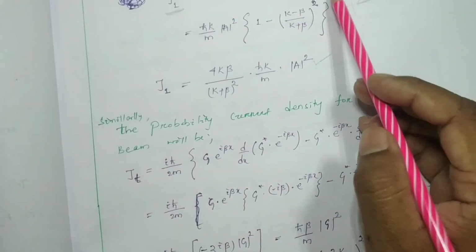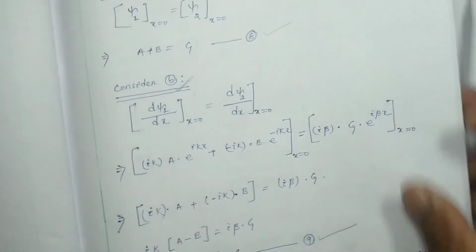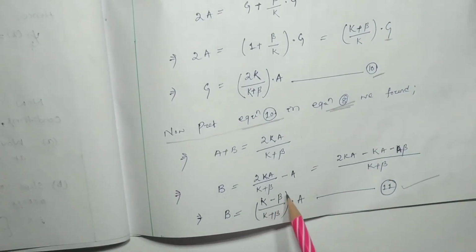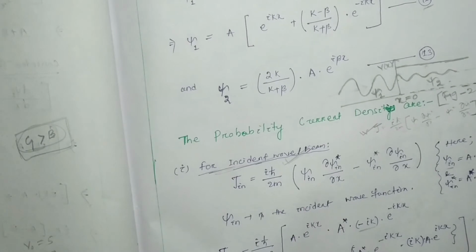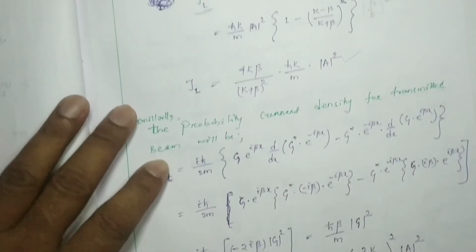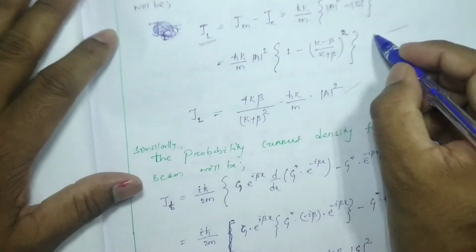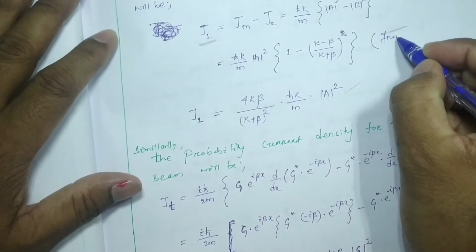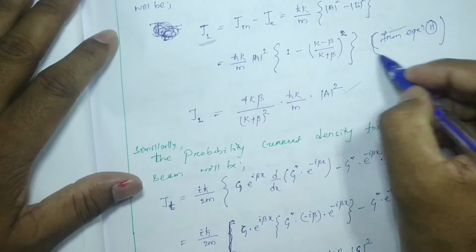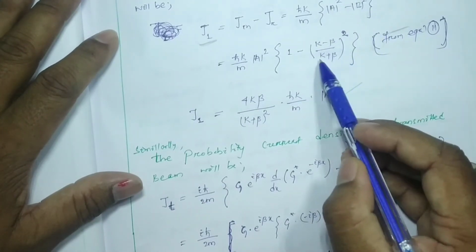So what will B by A be? Just write over here that from equation number 11, we can find that B by A is nothing but (k minus beta) by (k plus beta).